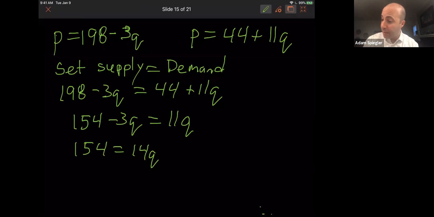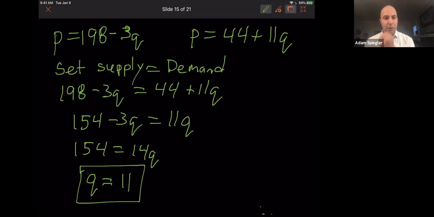And then we divide by 14. So this tells me what the equilibrium quantity demanded and supplied would be. But let's say what we want to find is, what's the price going to be? What price is the market going to determine this good should be sold for?